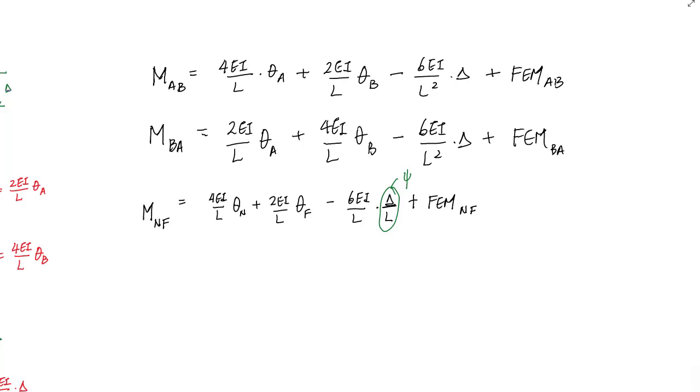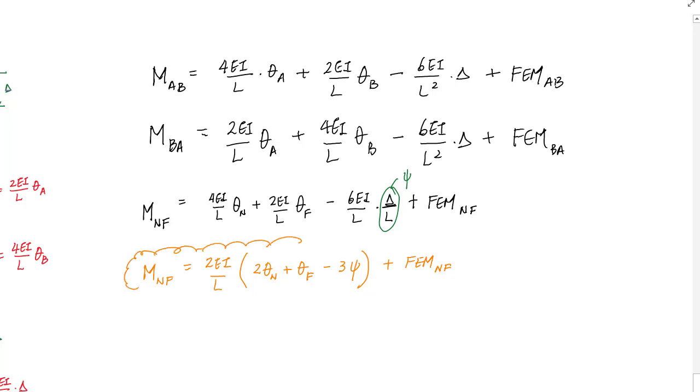My final equation can be expressed as 2EI over L times 2 theta near plus theta far minus 3 psi, plus the fixed end moment near far, NF. Depending on the textbook, they'll use AB, and some will even use IJ. They'll just say beginning and end, but you just have to remember what is your beginning and what is your end, or what perspective you're looking from. Which end of the beam are you looking at?